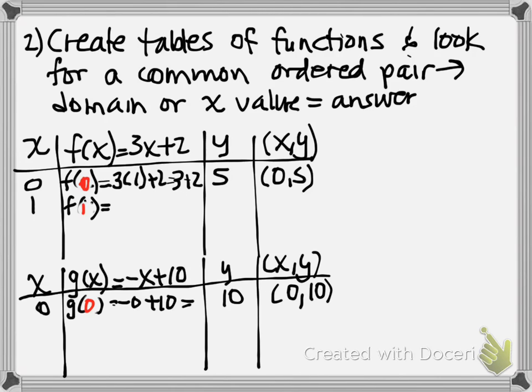Let's go back and solve this one again. So we get 3 times 0 plus 2, so we get 0 plus 2, and we get 2, and we get 0, 2. So again, 0, 2 and 0, 10 don't match.